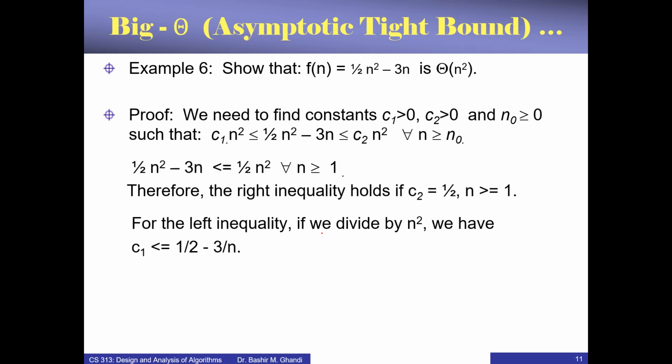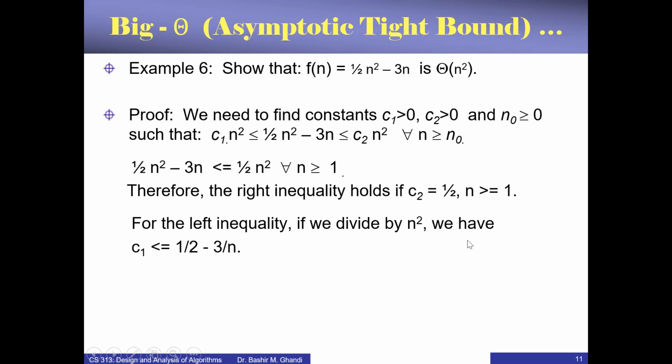So the question is what value of n will allow us to have a c1 that is greater than 0. This is the point. You have to be very careful. It's not any n, because for example, if you take n to be 1, then half minus 3 is going to be negative, and c1 is not allowed to be negative.